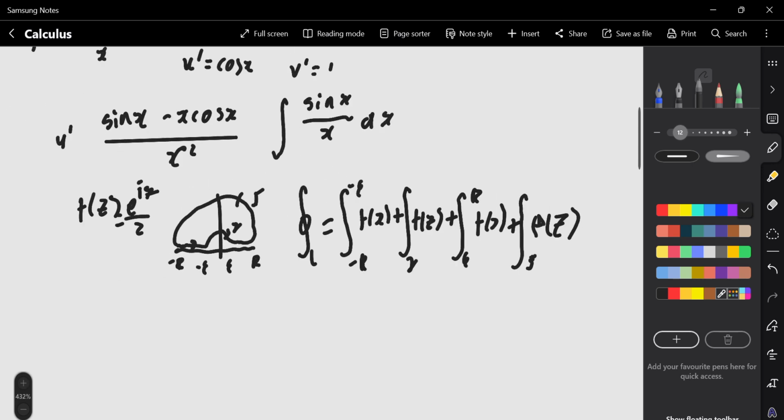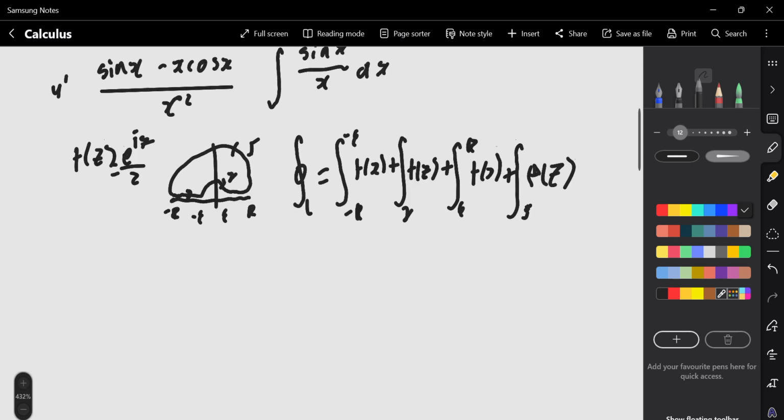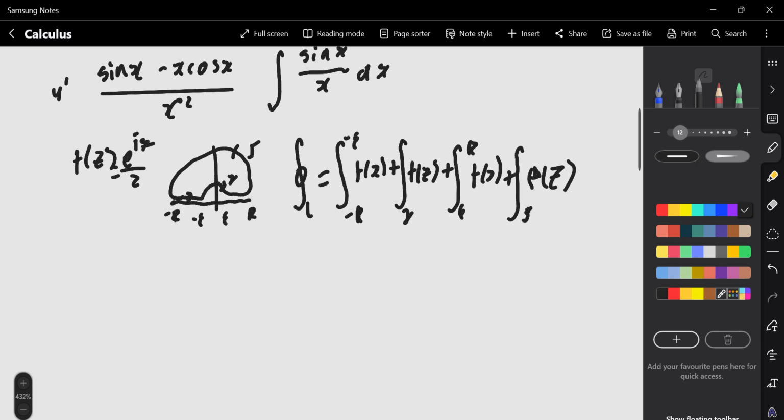Okay, so you should be able to evaluate this nicely now. If you want to know what it's going to become, I think it's going to be 2i times the integral from 0 to infinity of sine x over x, minus pi i, equals 0.